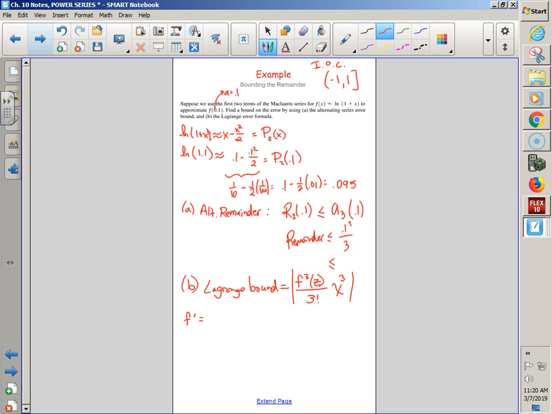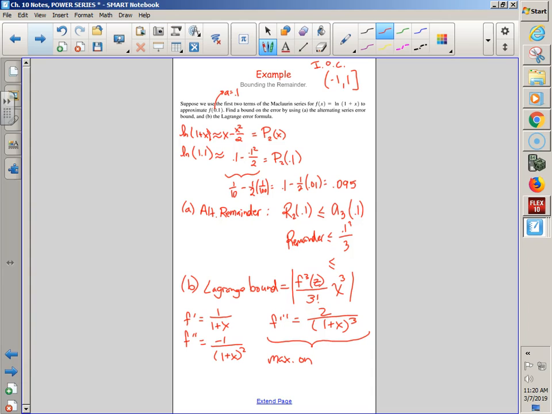But the nice thing is, guys, isn't there a u prime of 1? So my first derivative will just be 1 over 1 plus x, no big deal. My second derivative is going to be bring down the negative, 1 over 1 plus x squared. And my third derivative is going to be bring down the negative, 2 over 1 plus x cubed. And I'm specifically considering this one. I'm trying to maximize it on... okay, let's think.